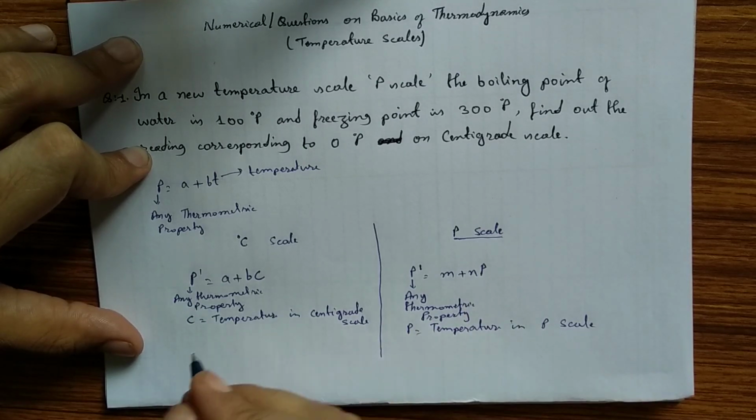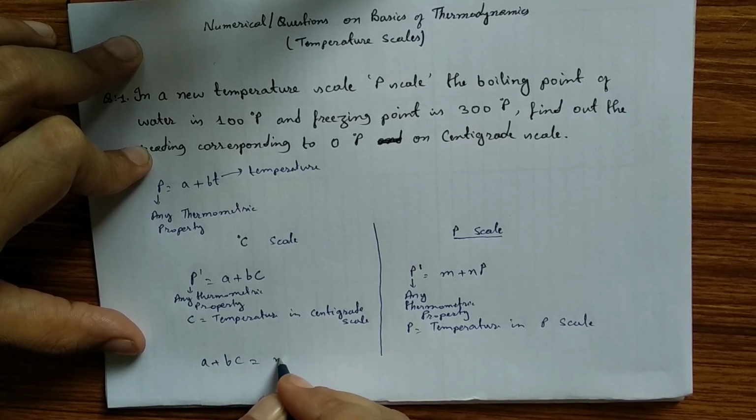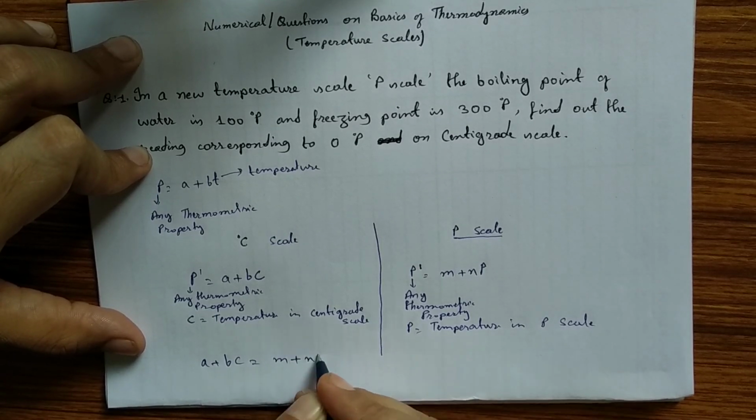so we can equate these two equations. So we will get A plus BC equals M plus NP.